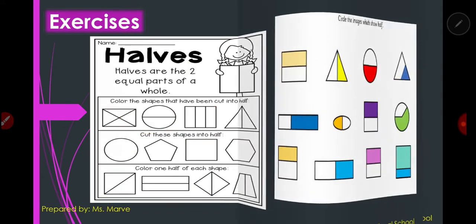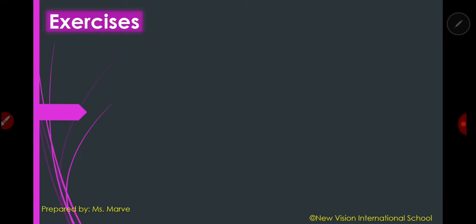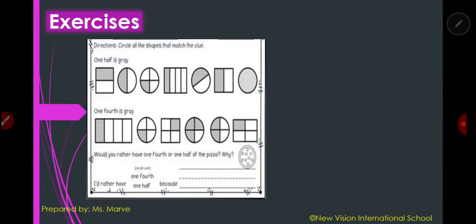Okay. Do you want to have more examples? Alright. I prepared you a lot. So, in here, circle all the shapes that match the clue. We are just going to find one half is gray.